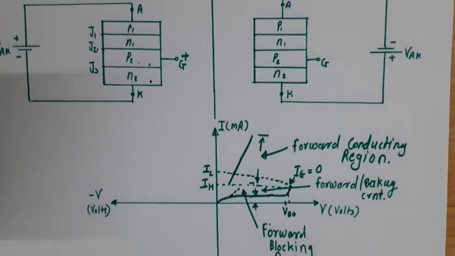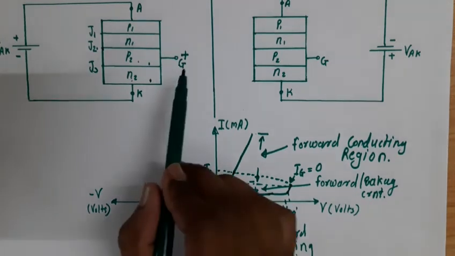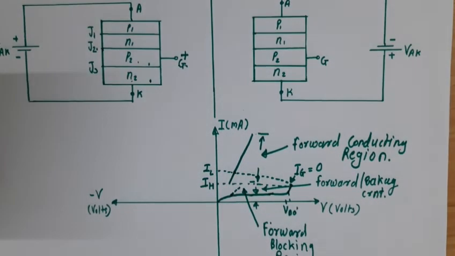This method of switching is known as gate control and is the most important aspect of the thyristor operation. It is only due to this action of gate control that the thyristor is very useful device in power control and switching circuits. In actual practice, the forward voltage is kept below the VBO and the thyristor is turned on by application of gate signal.